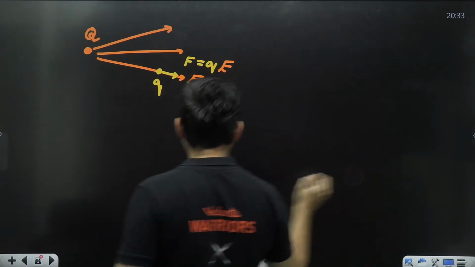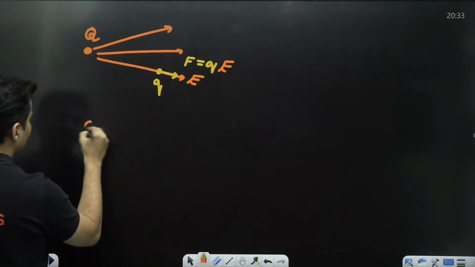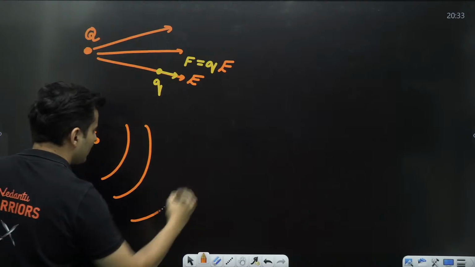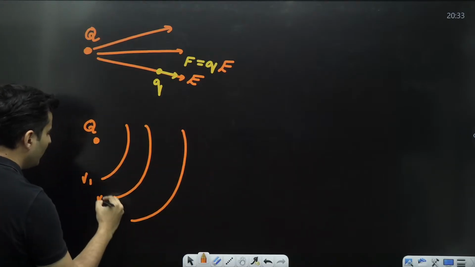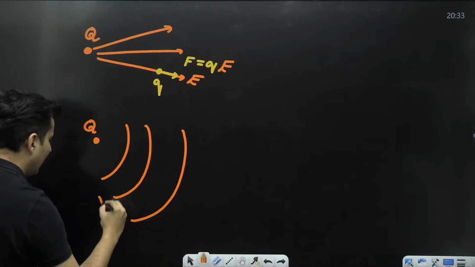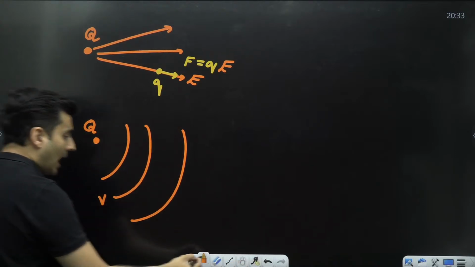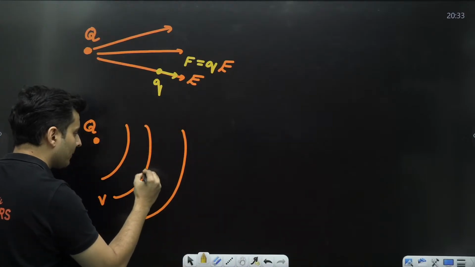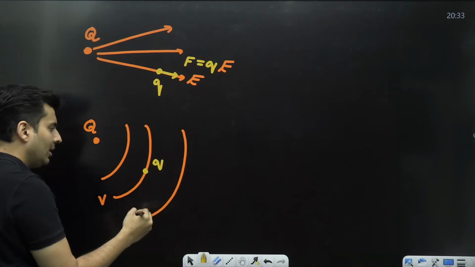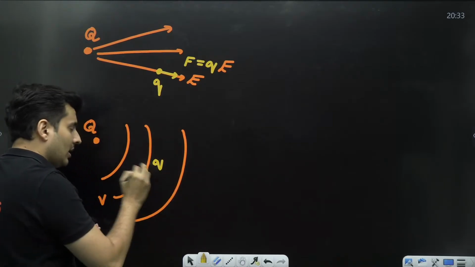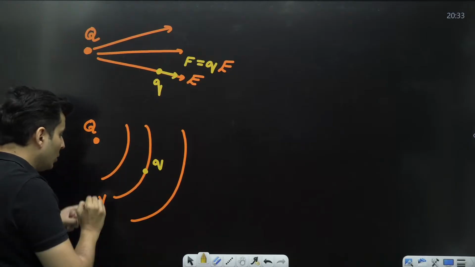In the same way, I can also say a charge Q might create potentials around it, V1, V2, V3, etc. So let's say some equipotential line is there, V, and when I place a charge Q over here in this particular potential, remember, this potential is due to the other charge.